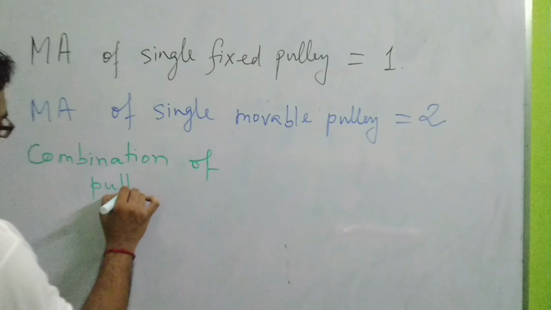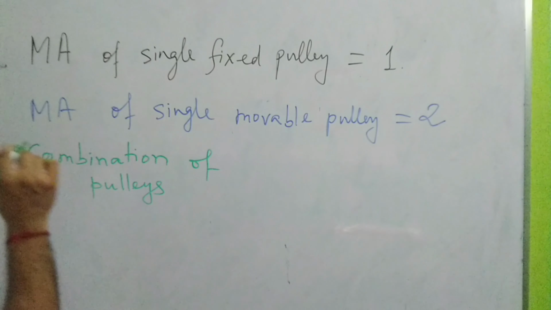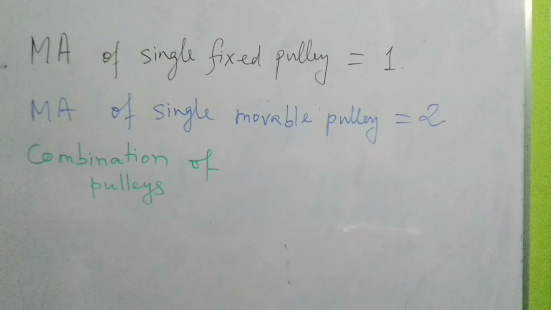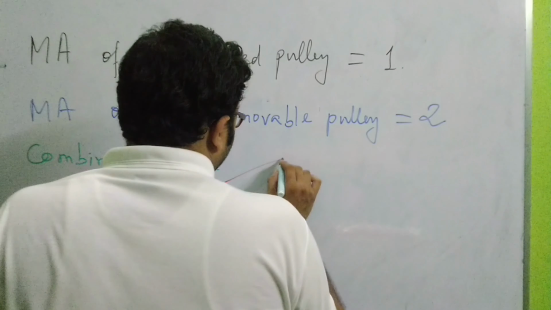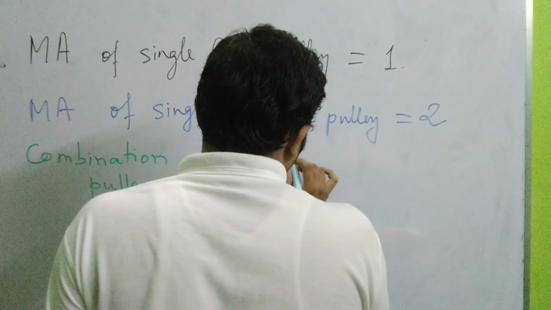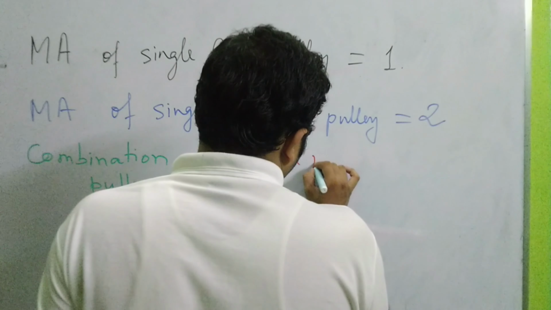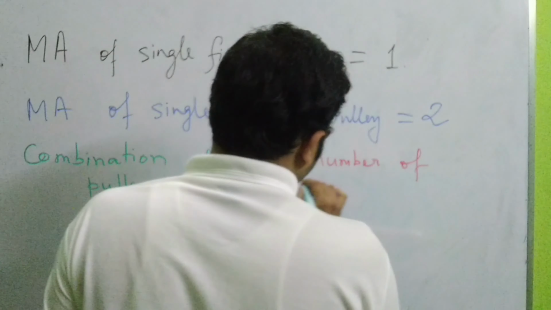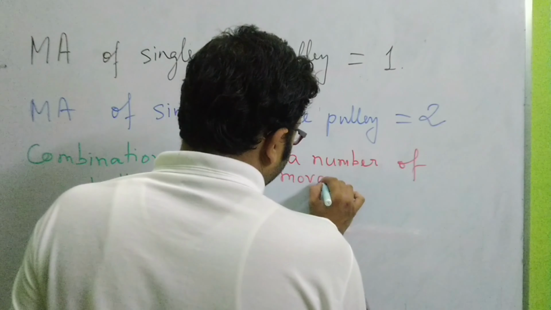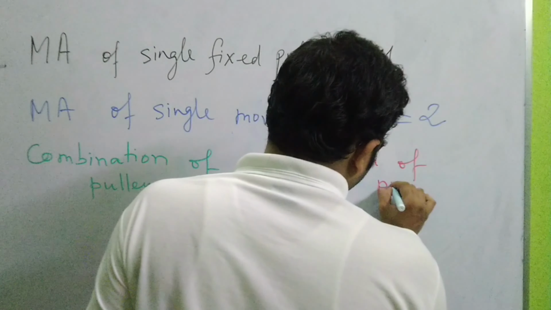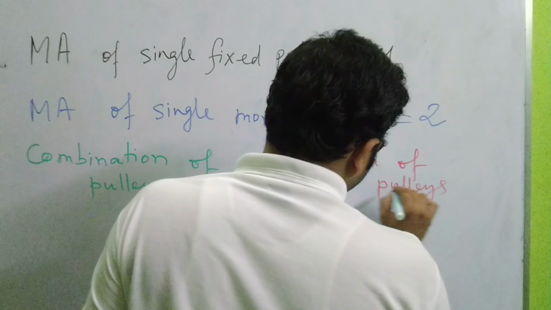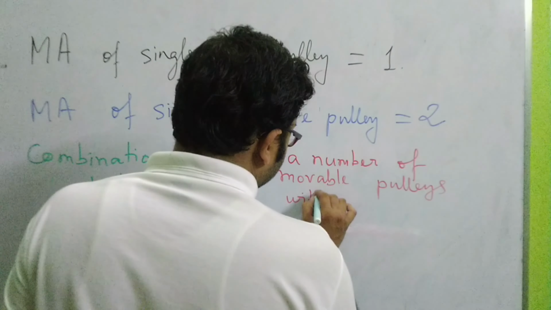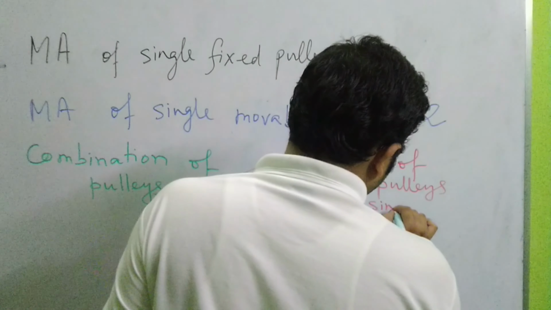When we speak of combination of pulleys, there are two kinds of combinations. So what are the combinations? First of all, we can use a number of movable pulleys with a single fixed pulley.